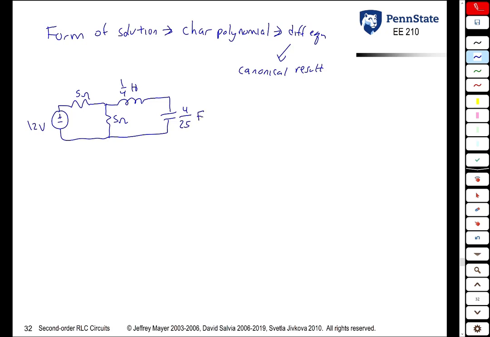and if you look at the algorithm, we look at the source-free equivalent. So if you set the voltage source equal to 0, it looks like that.